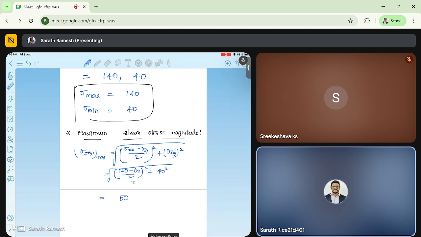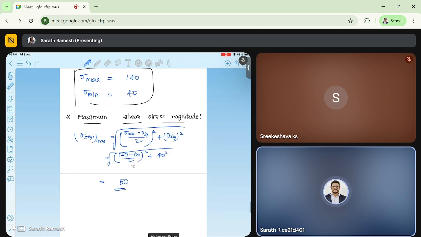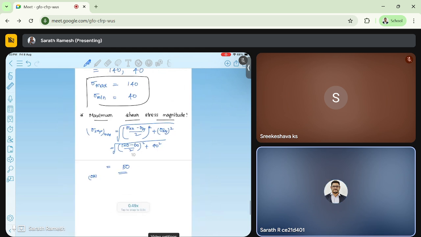So 50 is the maximum shear stress. Or we can directly use the principal stresses formula: sigma x star y star max is equal to (140 minus 40) divided by 2, that is, (sigma 1 minus sigma 3) by 2, or (sigma max minus sigma min) by 2, which is 50.